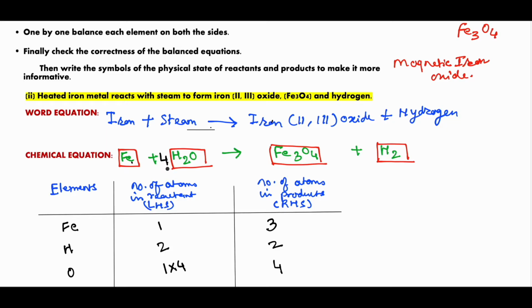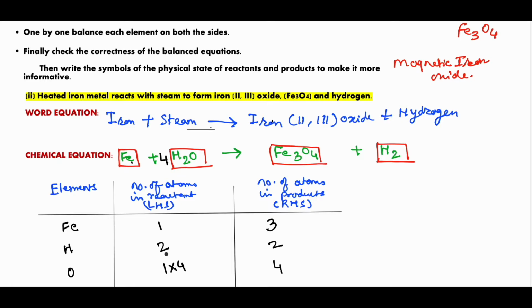Children, whenever you make any changes, always check both the sides of the chemical equation. So here it is iron 1, here you have 3. Here you have 4 oxygen. So oxygen has got balanced, but while balancing the oxygen, you have unbalanced the hydrogen atom. Children, the key rule is that whenever you make any changes, you count both the sides of the atoms every time.